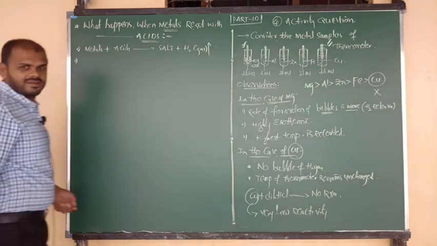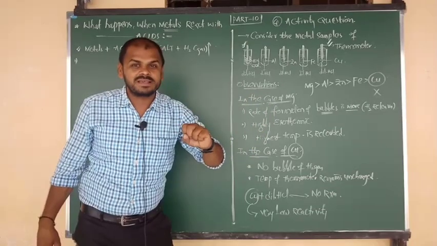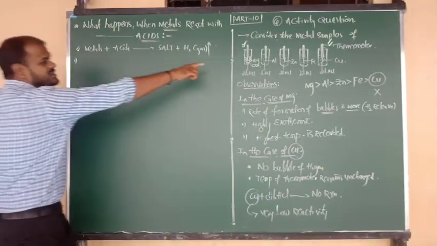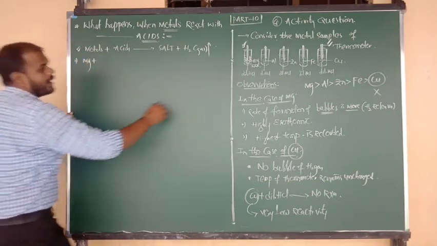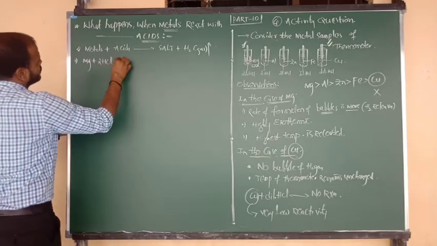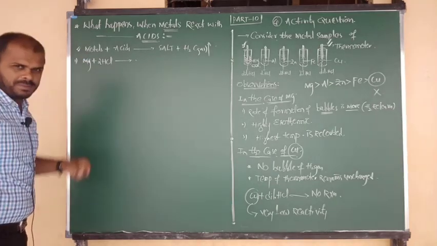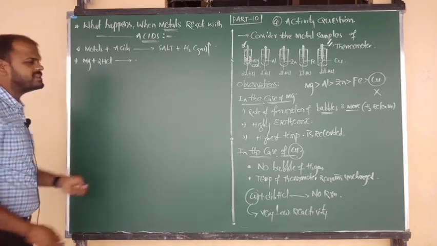Example number 1. How many metal samples have we taken in the activity? 5 metal samples, beta. So I want to consider all such metal samples now. What is the first metal sample? Magnesium metal. It upon reaction with dilute hydrochloric acid. But here I want to consider 2 moles of HCl because magnesium charge is +2, so 1 Mg and 2 Cl are required, so we have to consider 2 moles of HCl, beta.